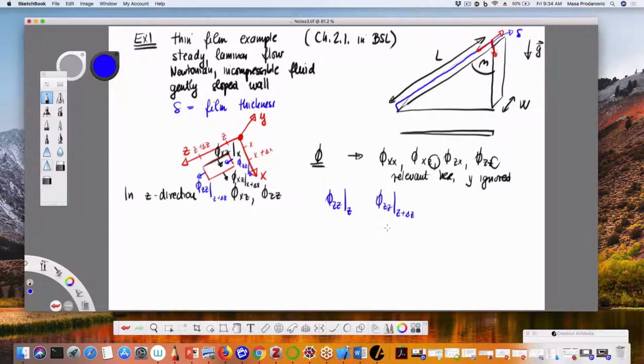So this is the reason to write it this way. It's really phi zz of x, z, but this is the relevant thing I'm evaluating right now, and this one is kept constant. Okay, so that's the notation.